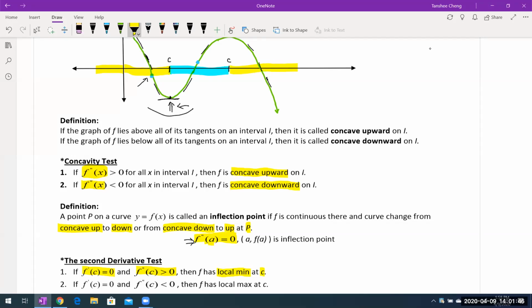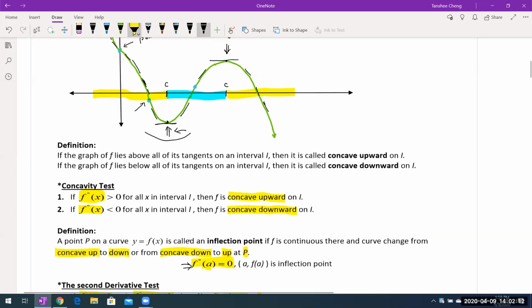And the other case is the same thing: f prime of C equal to 0, so I have a critical number at C, and f double prime of C is less than 0. That tells me that the critical number is in the interval of concave down. So we are looking at this situation now.